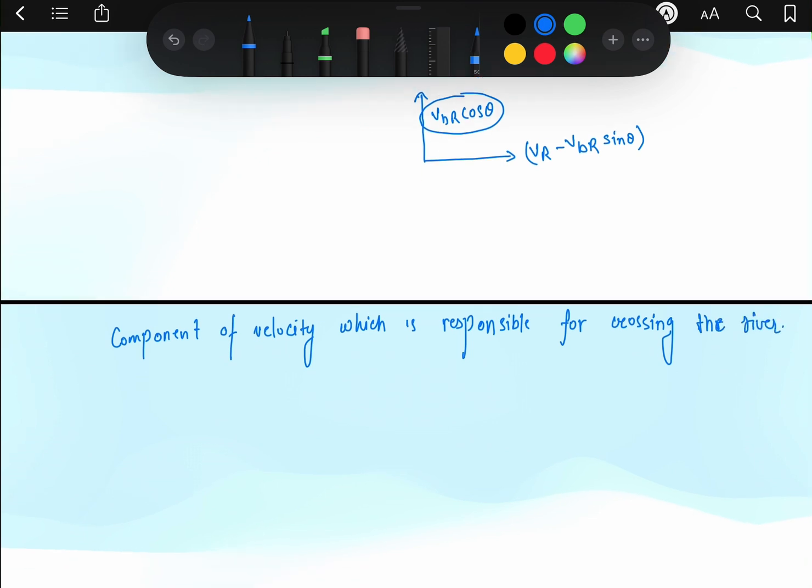Let us write V perpendicular. So V perpendicular will be equal to Vbr cos theta. This is the component responsible for the crossing of the river.